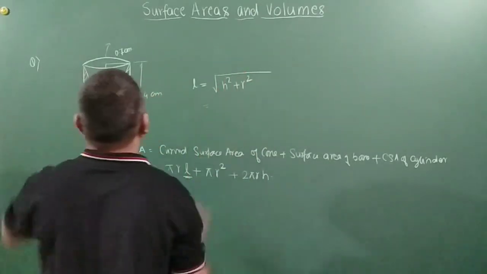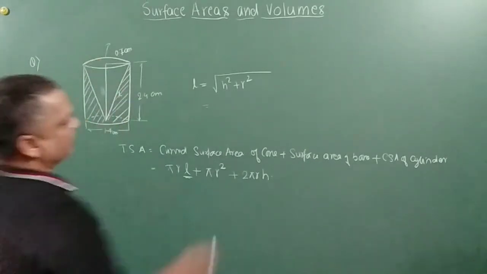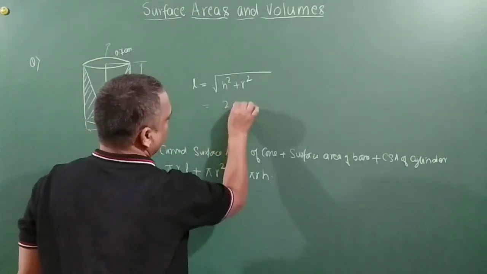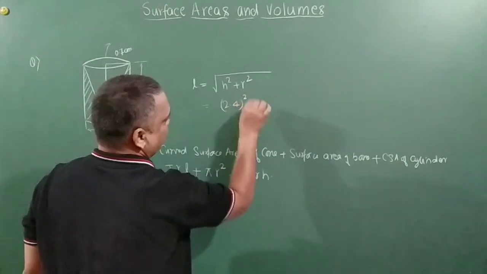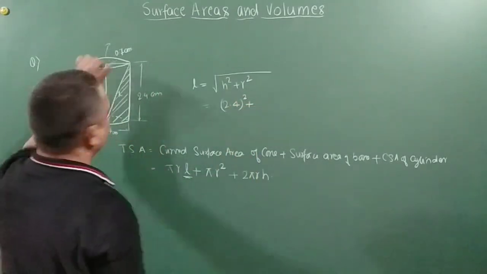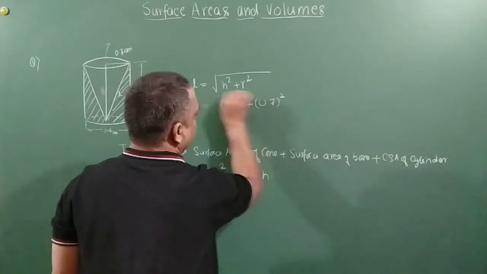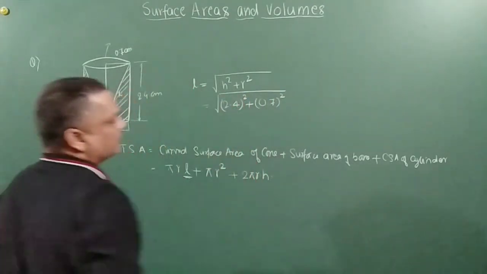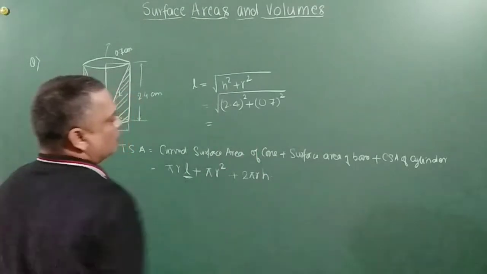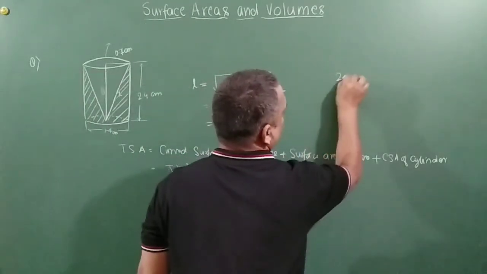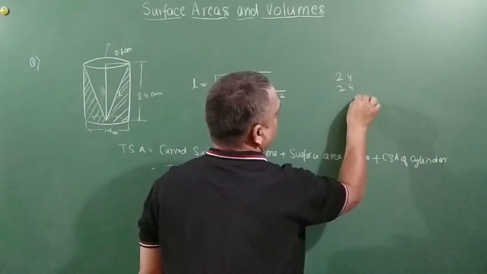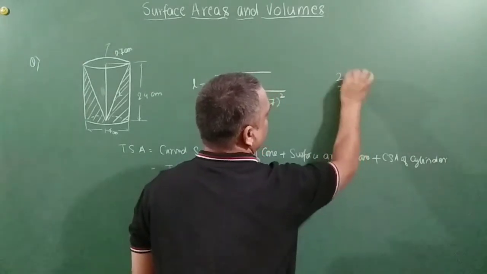Okay. So h square will be how much? 2.4 square plus radius square is nothing but 0.7 square, right? Under a square root, right? So 2.4 square, so 2, 4, 2, 4, 16, 1.